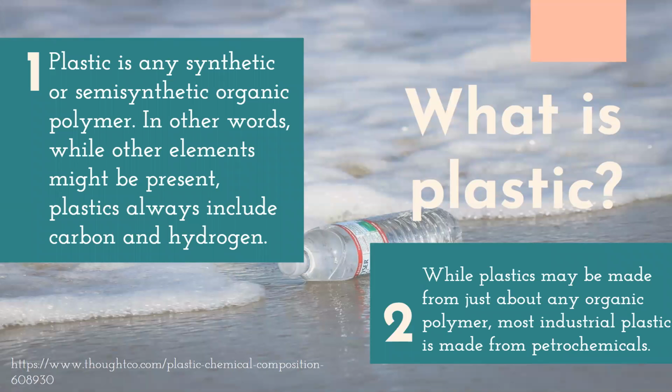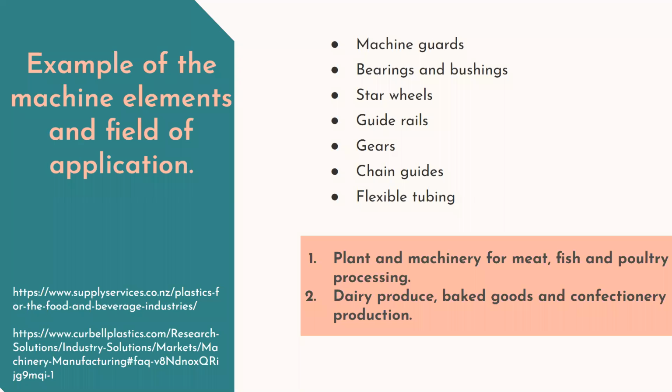Okay, so I'm going to explain first what is plastic. Plastic is any synthetic or semi-synthetic organic polymer. In other words, while other elements might be present, plastics always include carbon and hydrogen. While plastics may be made from just about any organic polymer, most industrial plastic is made from petrochemicals. Next.